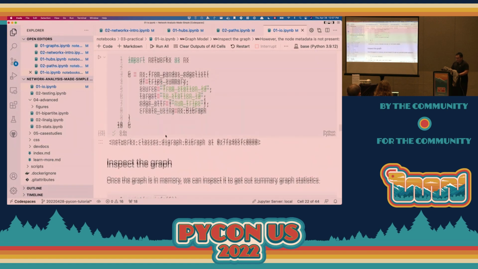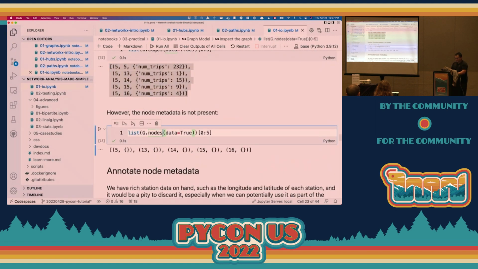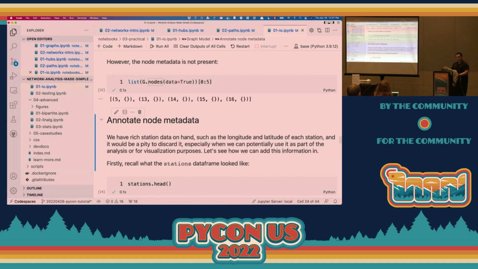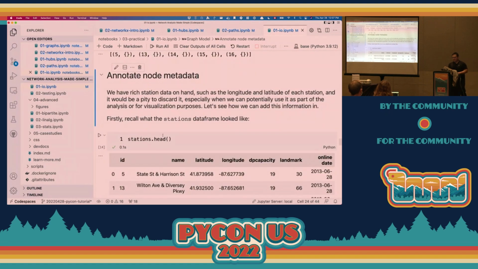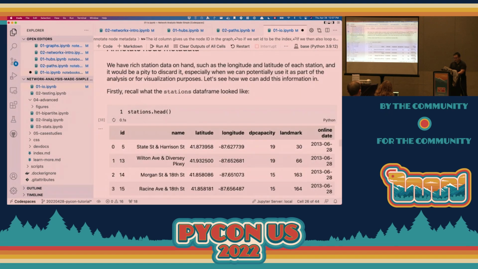Notice, however, we don't have any of the node metadata that are present, right? And that's because when you add nodes into a graph from the edge list, you by definition don't have any node metadata. So what we need to do is annotate the node metadata afterwards.